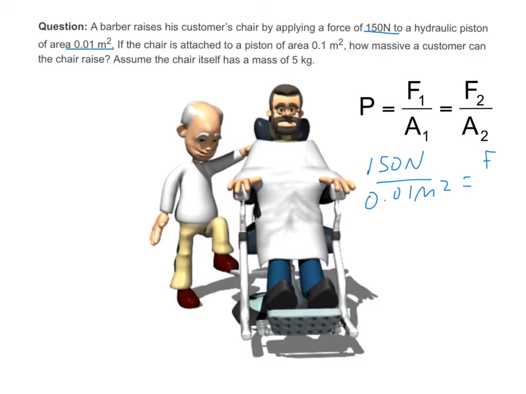Our F2 is our unknown that we're solving for, and our second area is 0.1 meters squared. And so we're going to solve using simple algebra, and we get our answer as the chair can lift an individual with a weight up to 1,500 newtons.